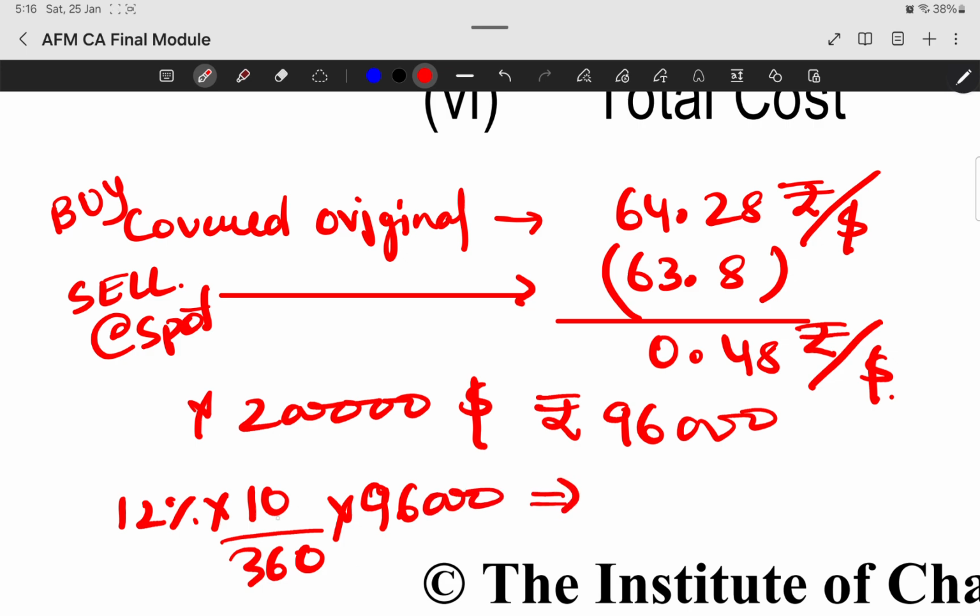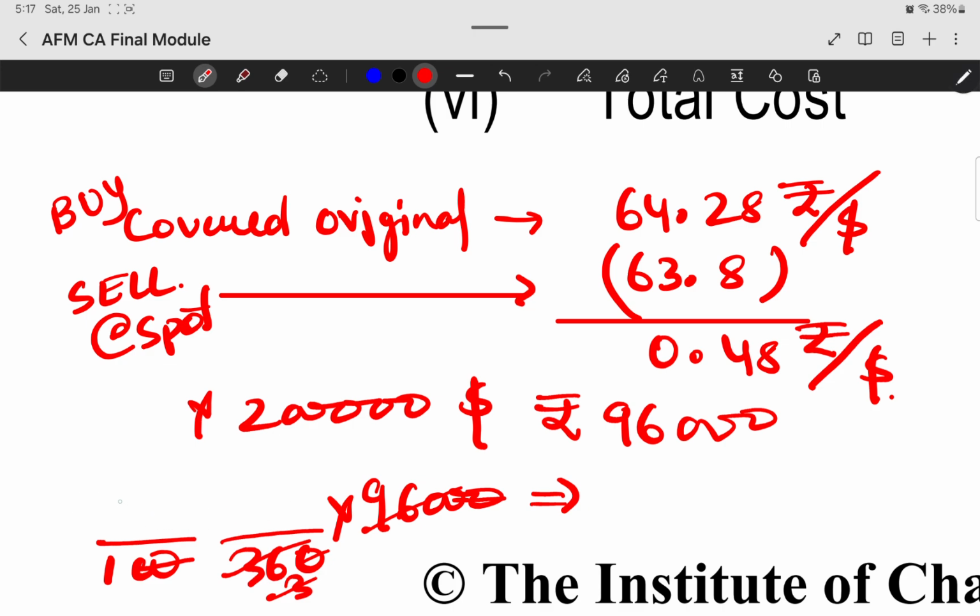First you cancel out the zeros, let's say, and then you have 12%, so you have 100 here. Oh no, it's not 10 days.